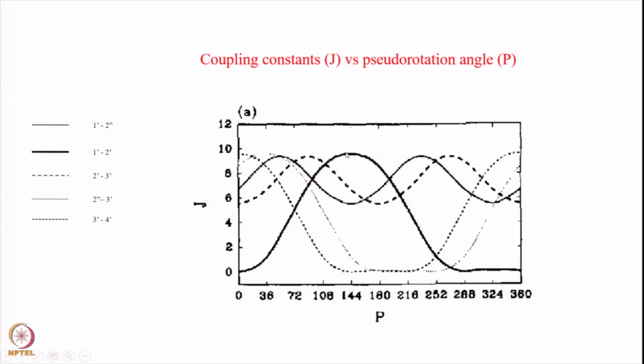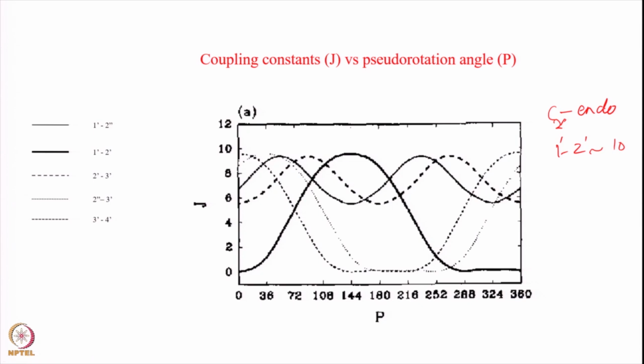So, we can write some of these things here. For the C2 prime endo geometry, the 1 prime 2 prime is approximately 10 Hertz.